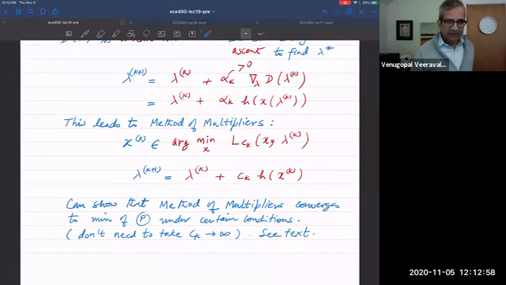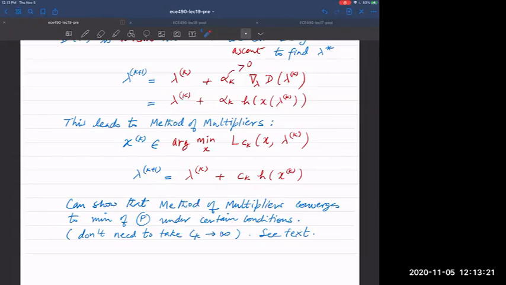You can prove separately that under certain conditions, of course, on the function and the constraints, this iterative procedure will converge to a local minimum of your original optimization problem.